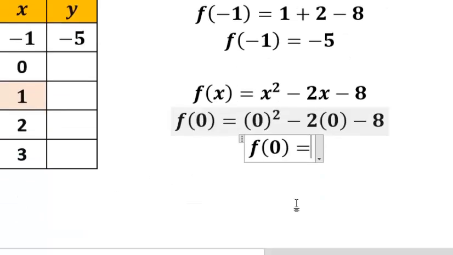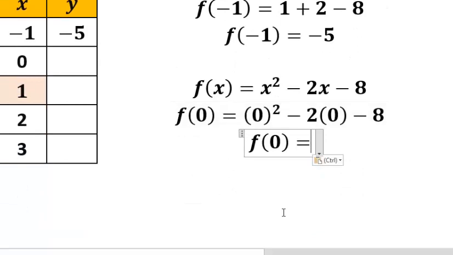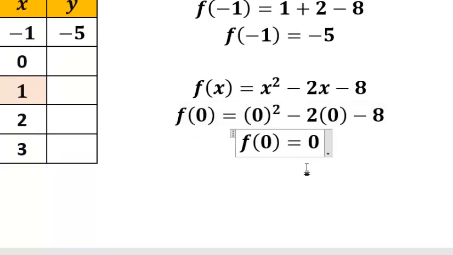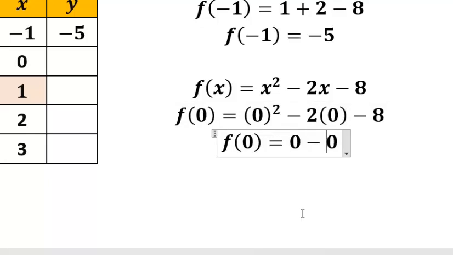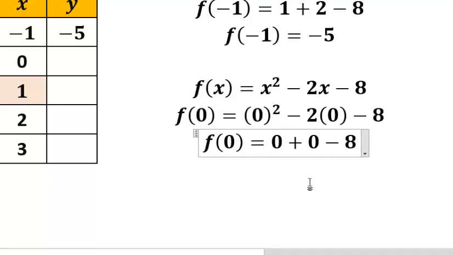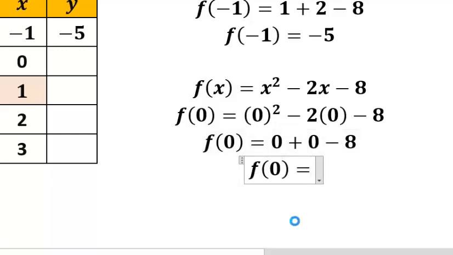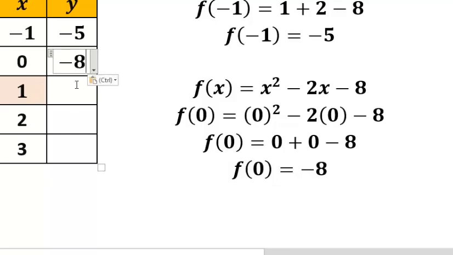And f of 0 will be 0 squared is 0 times 0, 0. Minus 2 times 0 is 0. Okay? You could put minus 0 or you could put plus 0, it doesn't matter. And you copy minus 8. And then 0 plus 0 is 0. 0 minus 8, negative 8. Okay? So that will be the answer for the next number.